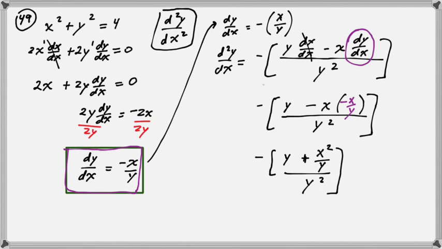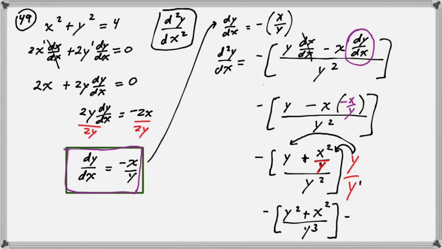Yeah. I won't take a fraction and a fraction, so the opposite of dividing by y is to multiply by y, but I'm going to multiply by a fancy form of 1, y over y. Y times y is y squared. Multiply here, the y's cancel, leaves you plus x squared. On the bottom, y squared times y to the first is y to the third.